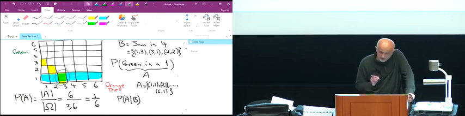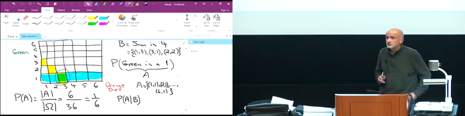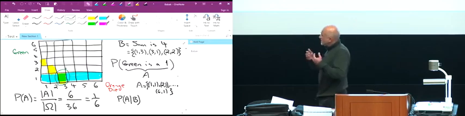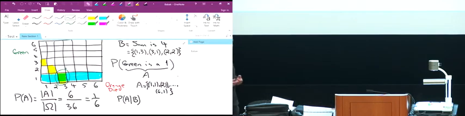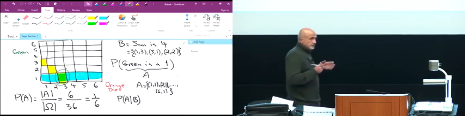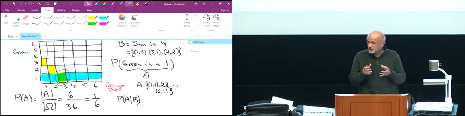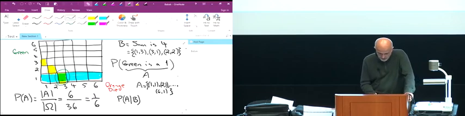This cell right here. Correct? Once I tell you that the sum of the two dice is 4, I'm restricting your possibilities. And the only way that the green die can be 1, given that the sum is 4, is if this had been the outcome, right here.